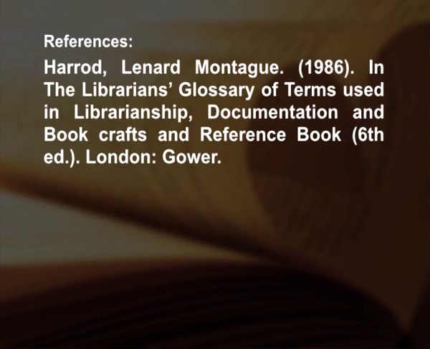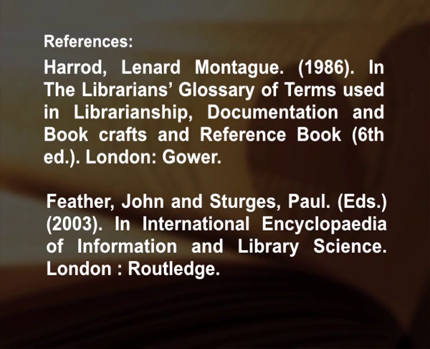The Librarian's Glossary of Terms Used in Librarianship, Documentation and the Book Arts and Reference Books, 6th edition by Leonard Montague Harrod, Gower, London. International Encyclopedia of Information and Library Science, edited by John Feather and Paul Sturges, Routledge, London.